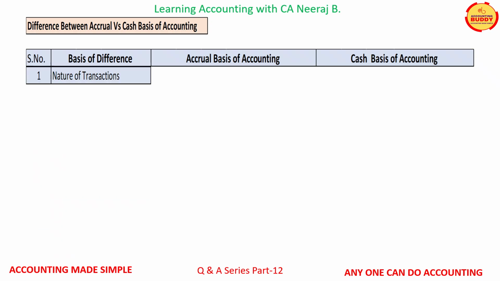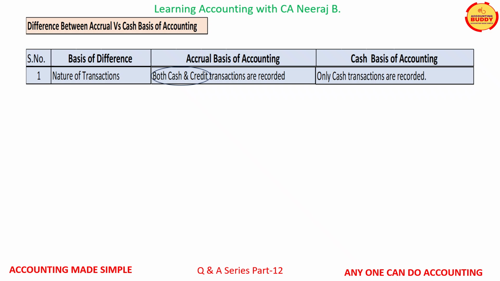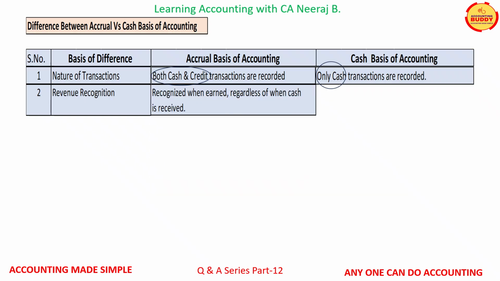Number one, nature of transactions. Under accrual basis of accounting, both cash and credit transactions are recorded. While under cash basis of accounting, only the cash transactions are recorded. Number two, revenue recognition. Under accrual basis of accounting, revenue is recognized when it is earned, regardless of when the cash is received.